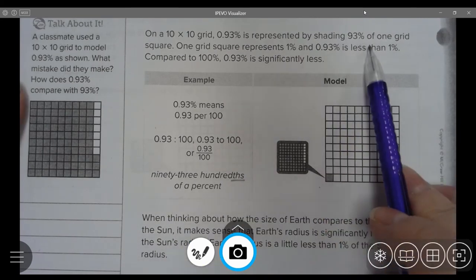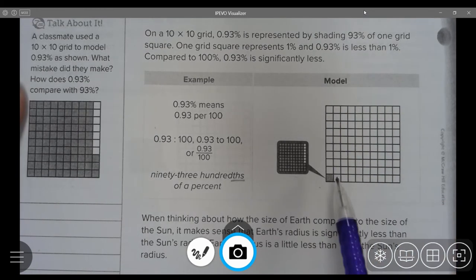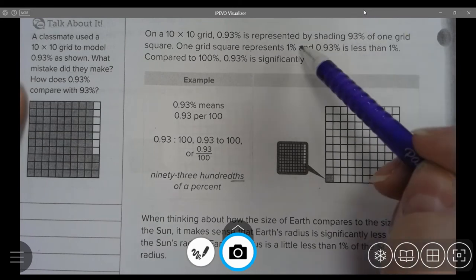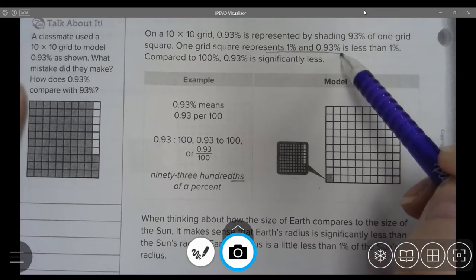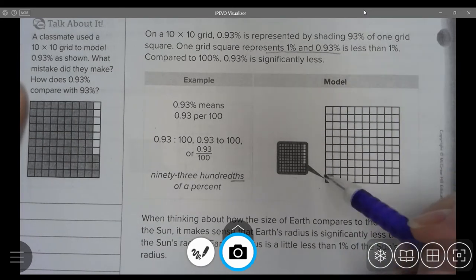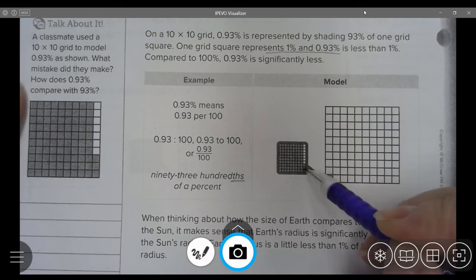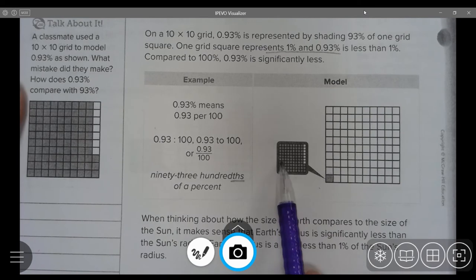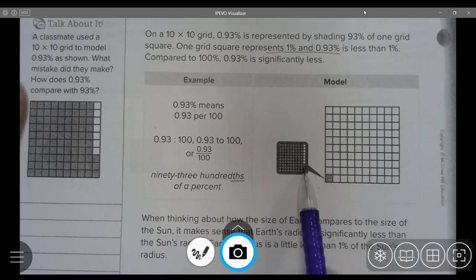What they mean is, we have one tiny little square, which is 1%, but 93 hundredths is even smaller than that. They put another picture to show 93 of these smaller tiny little squares inside of a tiny square would be 93 hundredths.